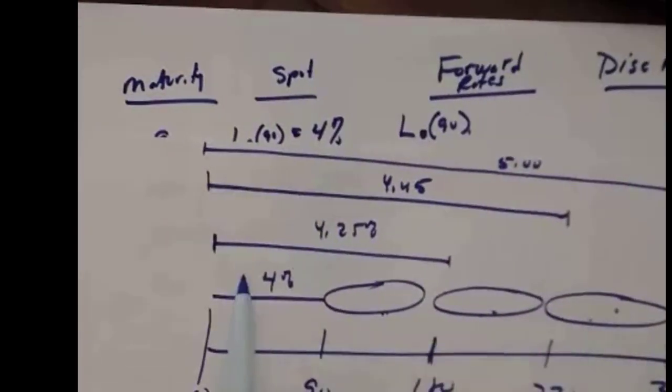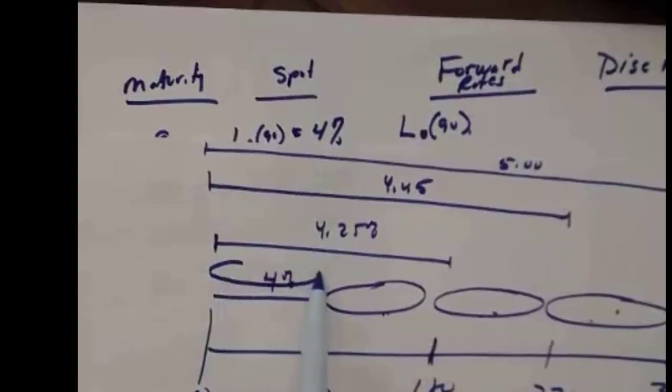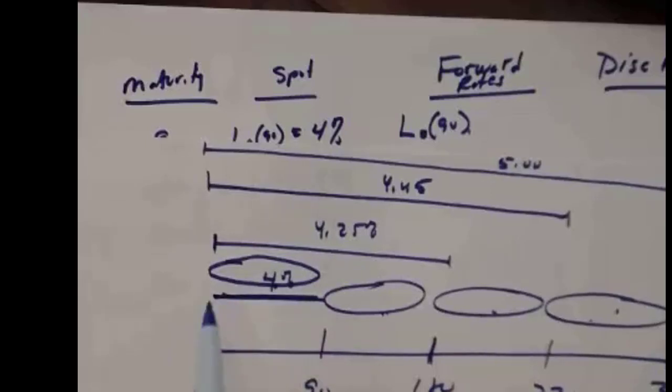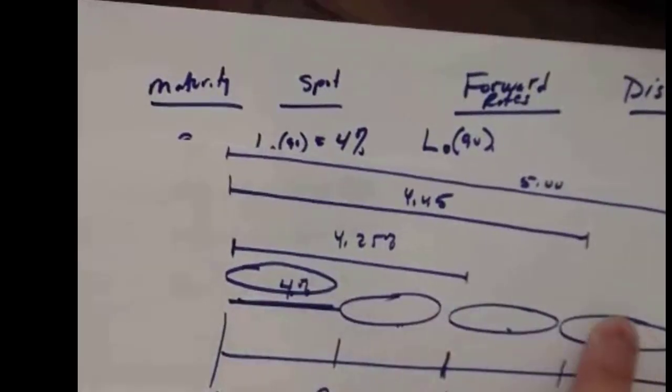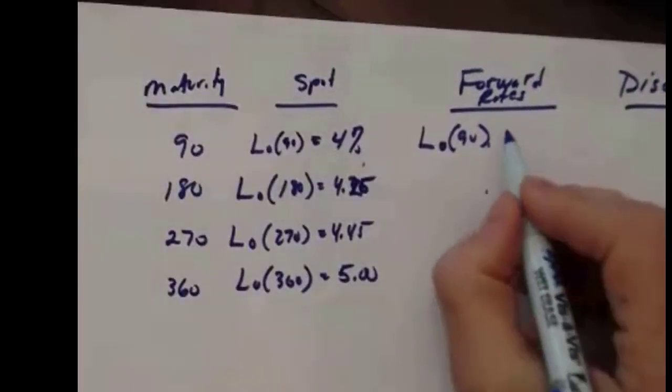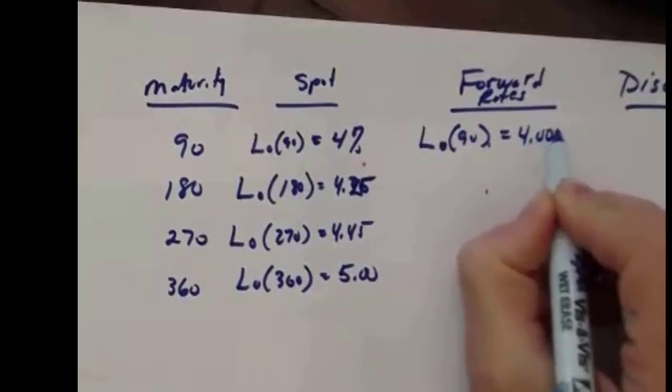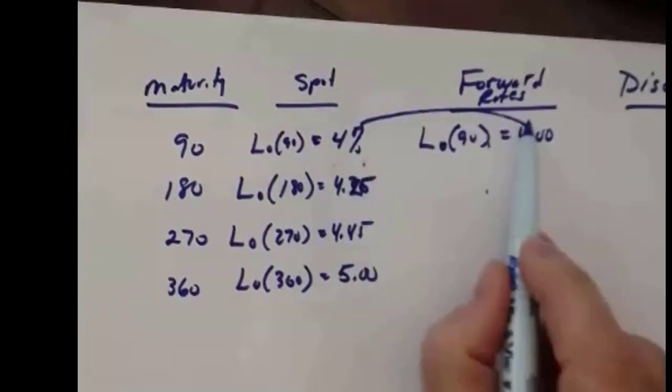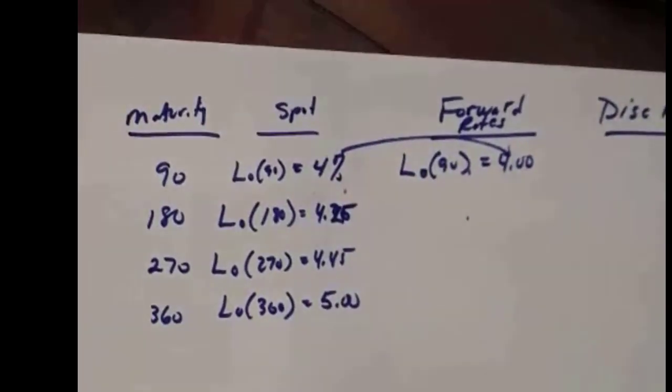But technically, there's a very first forward rate. The first forward rate is the spot rate for this period. So technically there's 4 forward rates, and this very first one is simply the spot rate. So there's no calculations involved. You just transfer the spot rate as a forward rate.